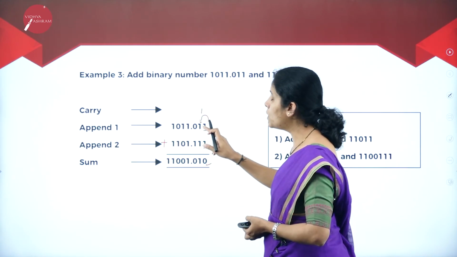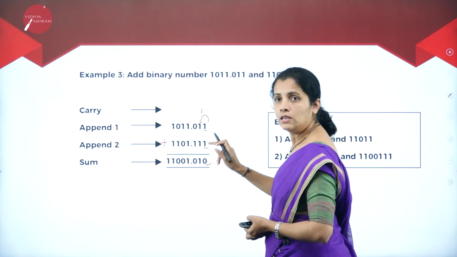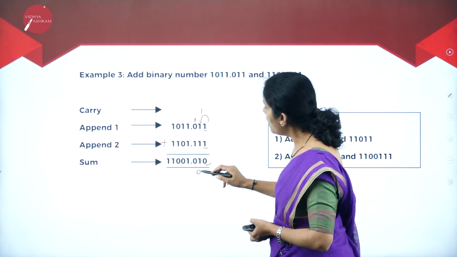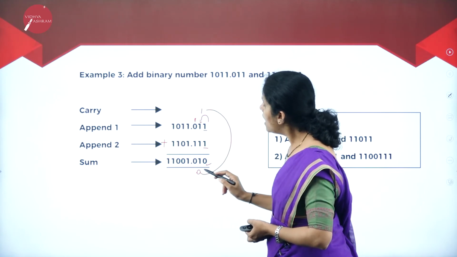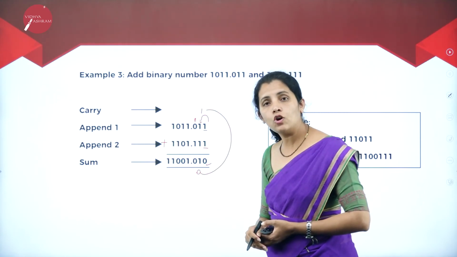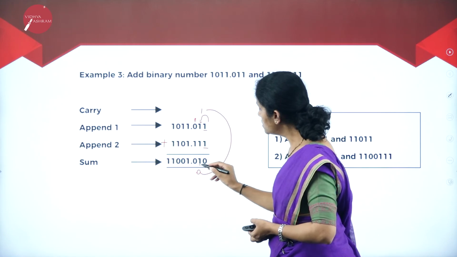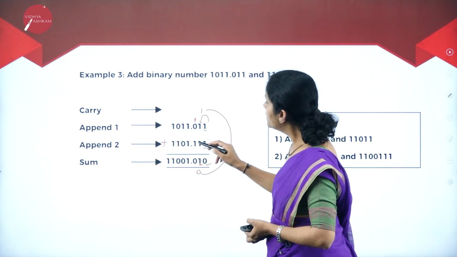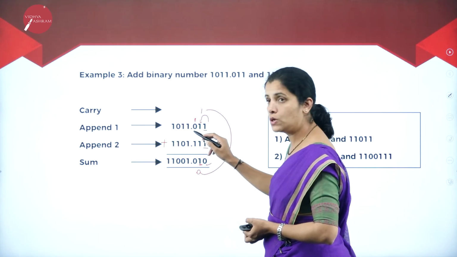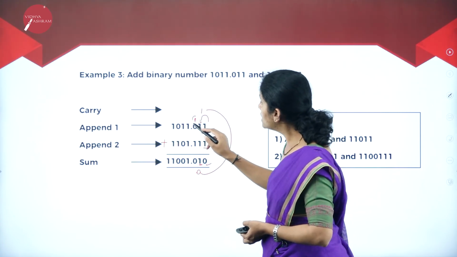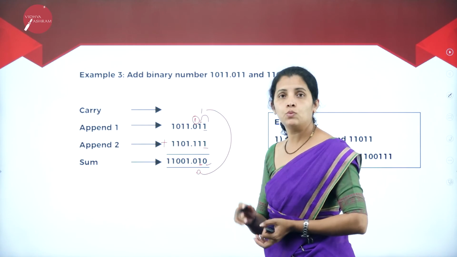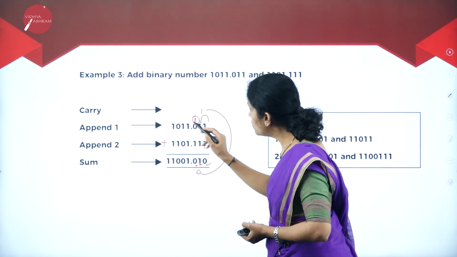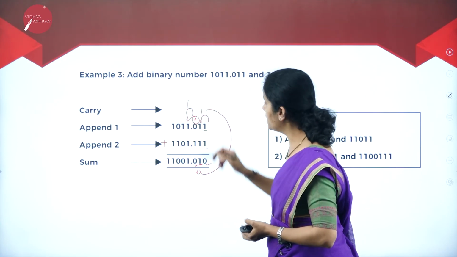Now, 1 plus 1, it is 0. 0 is sum and 1 is carry. Now, I am going to add this 0 with 1, that is 0 plus 1, it is 1. So, I will write 1. Now, here I am having 1 plus 0, it is 1. I am going to consider this carry 1, that is 1 plus 1. I am going to get the sum 0, 1 carry.